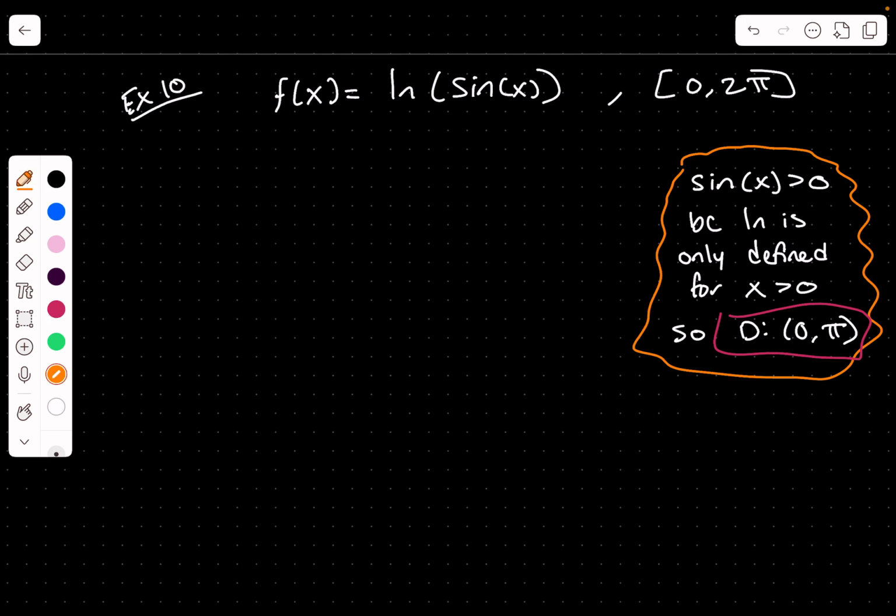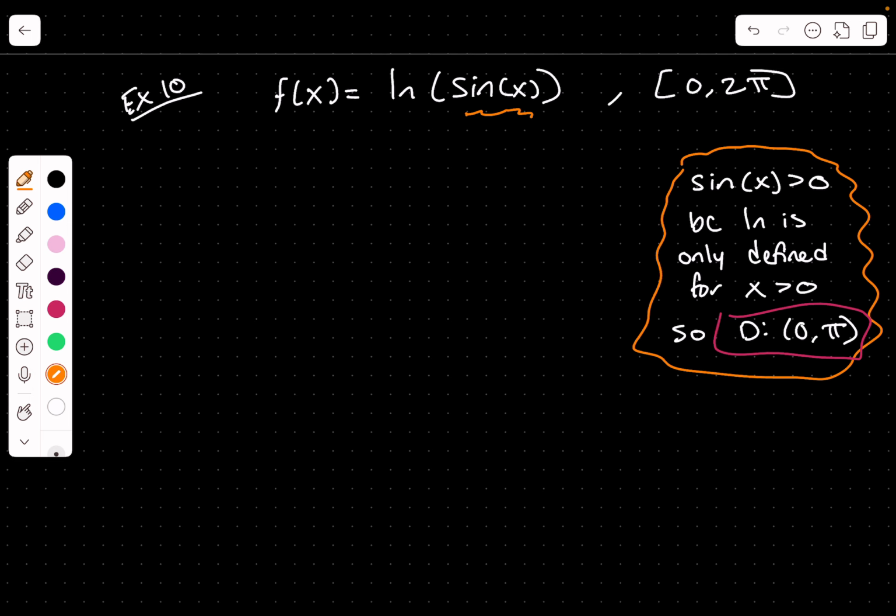So let's get started. Again, this is a composite, so what we're going to do is take u prime over u. Our u is this guy. So what is u prime? What is the derivative of sine?